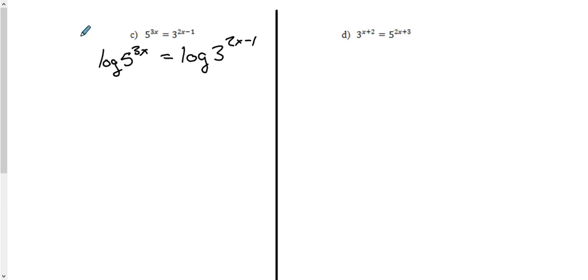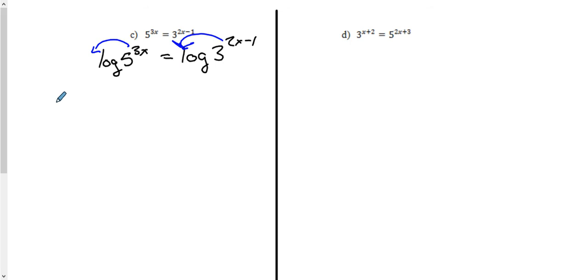Once I have this, I have a logarithmic rule that says if I have an exponent here or here, I can drop them down as coefficients. So I'm going to move this 3x right in front of this logarithm, and this 2x minus 1, I'm going to move it down right in front of the log.